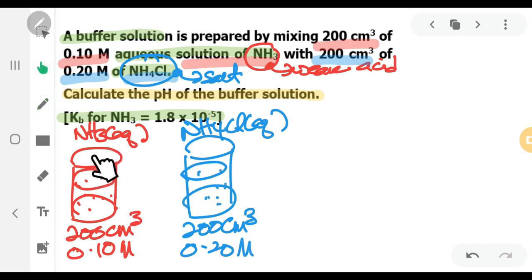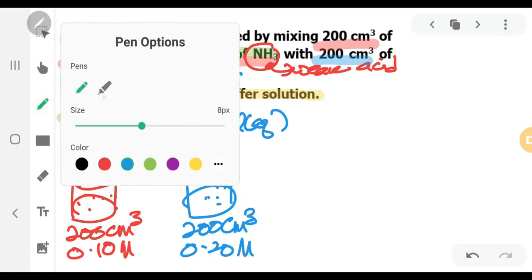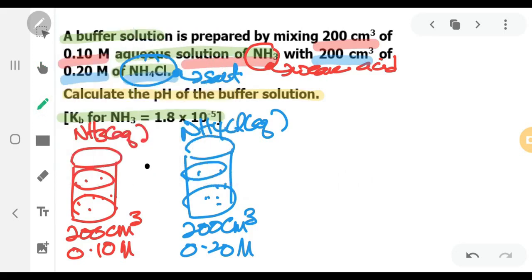We're going to be adding this weak base with the salt together to produce a buffer. So when you add these two things together, you will be making a buffer.